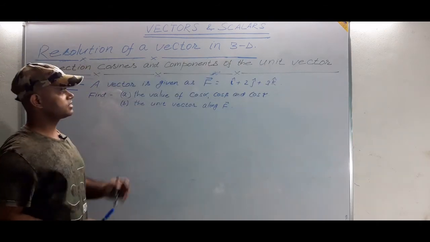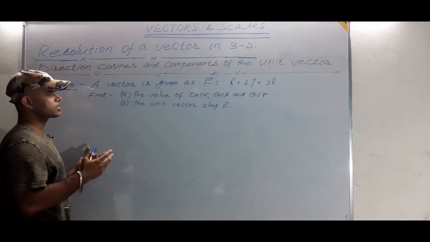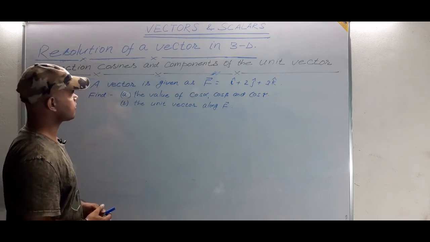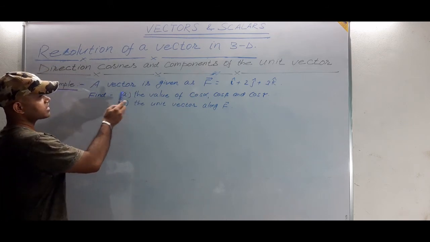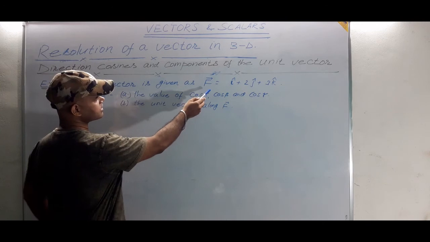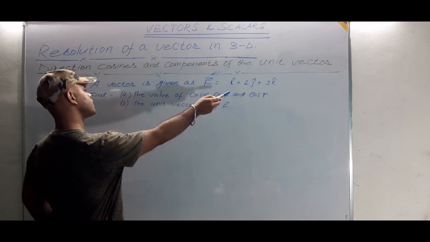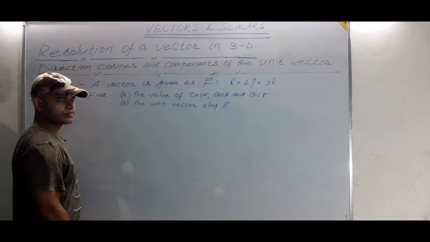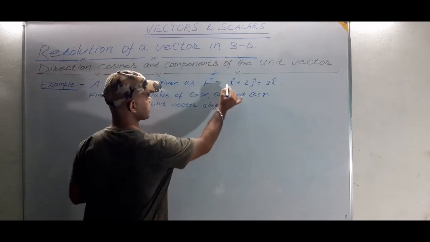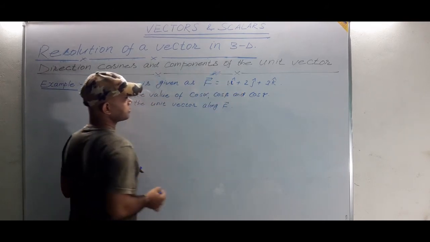Alright, so let's take an example and use the concepts that we have read so far. A vector is given as F vector equals i cap plus 2j cap plus 3k cap. i cap means 1 i cap, right?